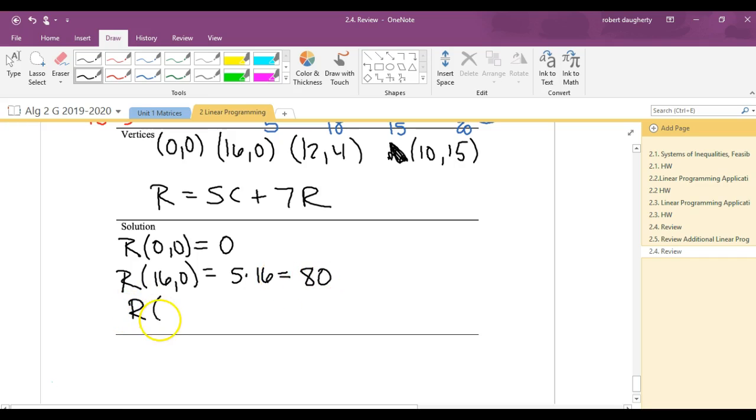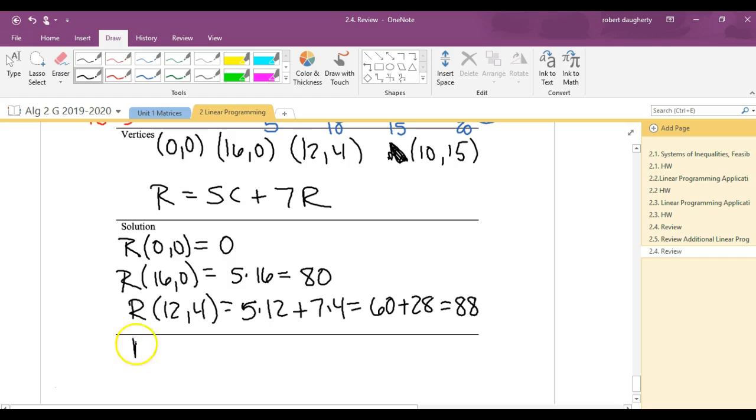The revenue at 12, 4 is 5 times 12 plus 7 times 4, which is 60 plus 28, which is 88.